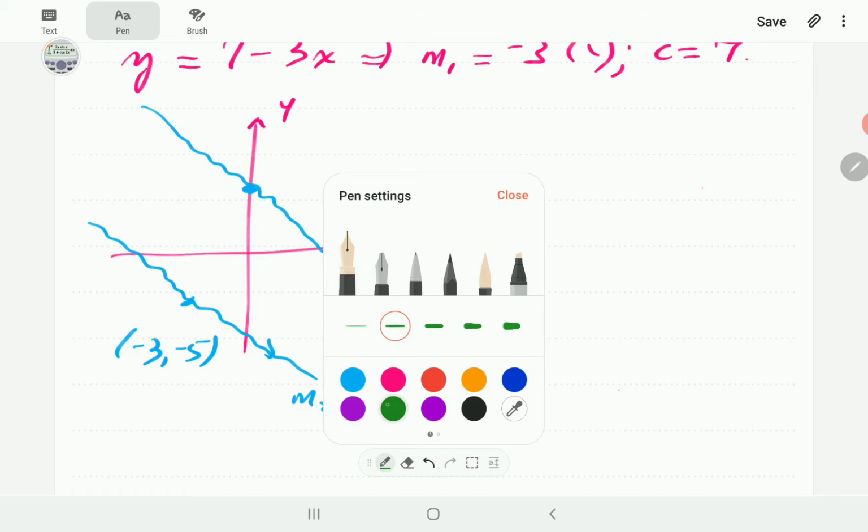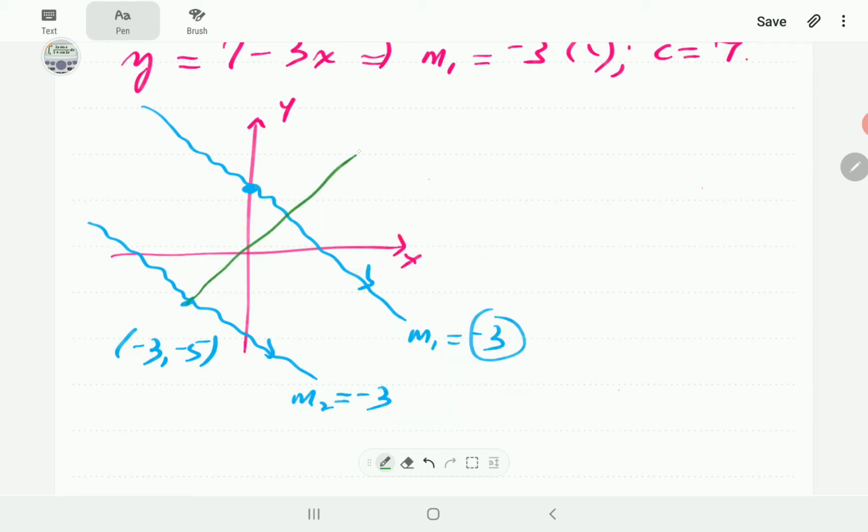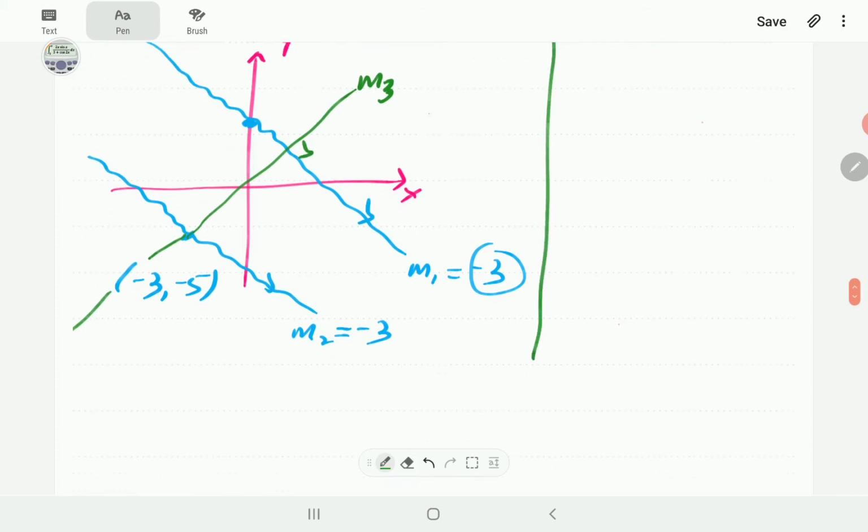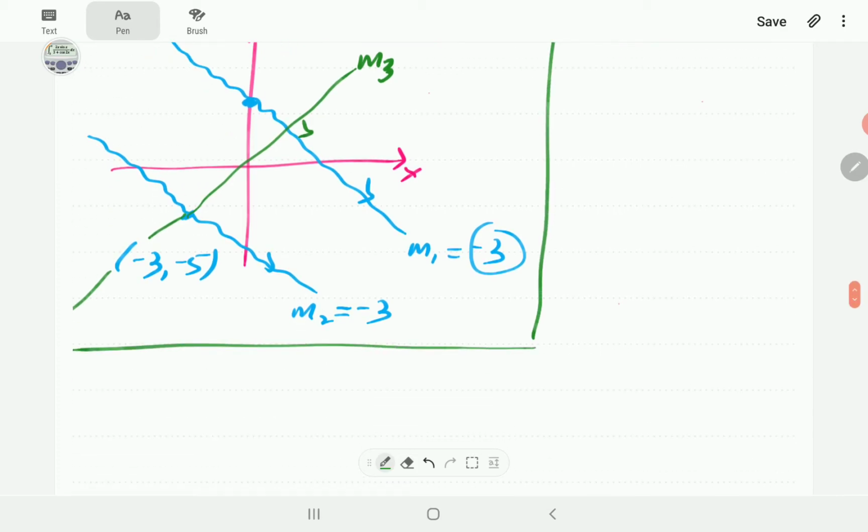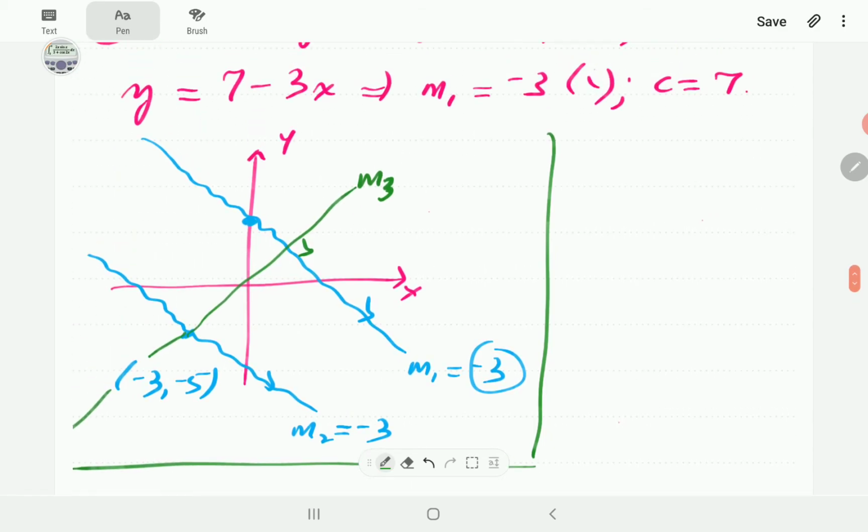And then the other line needs to be perpendicular. So M3 we are going to calculate. Alright, so we're going to start with the parallel line.